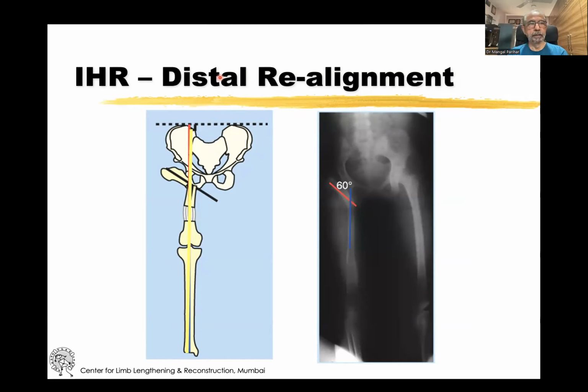That will also remodel. So when I'm doing it, first of all, I would not do it in a child who's 7 or 8 years old, because the potential for remodeling in that child is very high. Number two, if there is significant shortening, like currently I'm treating a child who's about 7 years old, who's got a congenital deformity, and for that we are doing a valgus and a lengthening, because she's pretty short.